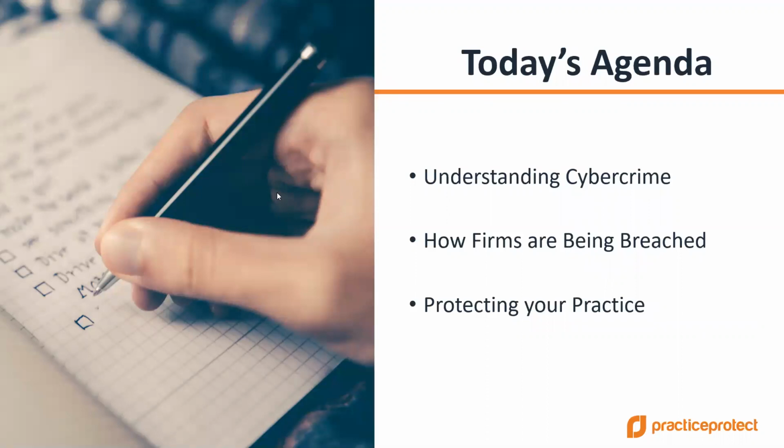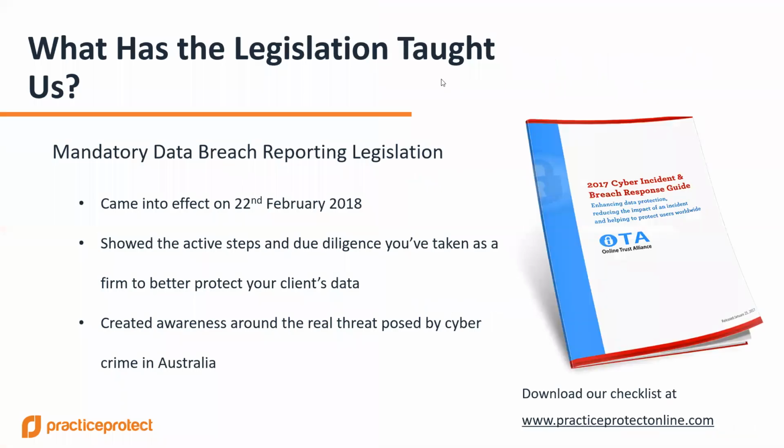In the interim, I'll start with a little bit about why this is really important. As you may know, the mandatory breach reporting legislation came out on the 22nd of February 2018, so it's been about a year and a half. I'm sure you've all seen this enough to be able to give seminars on it.